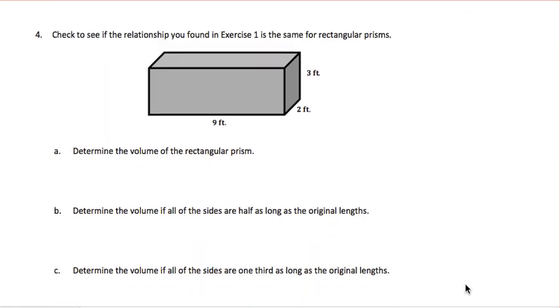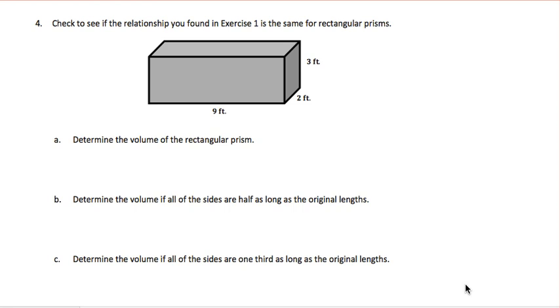We're going to check to see if this relationship is true for a rectangular prism, not just a cube. So the volume of the original prism is 9 by 2 by 3, which is 54 cubic feet.